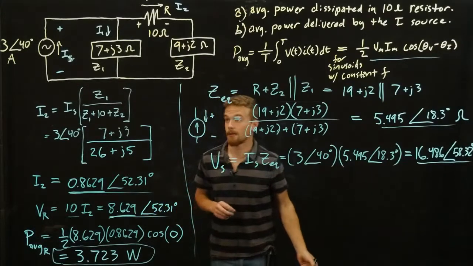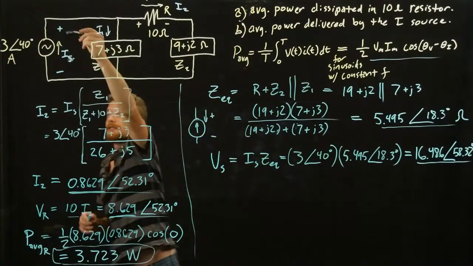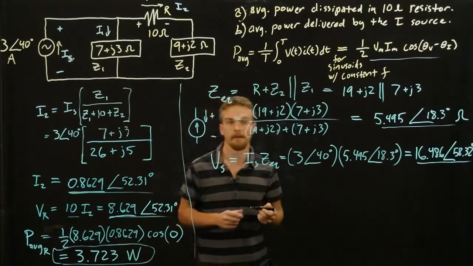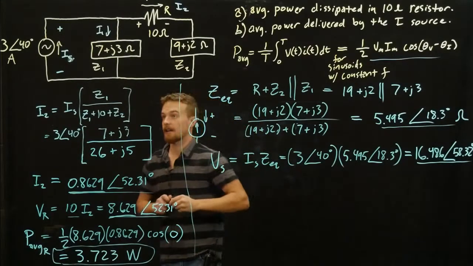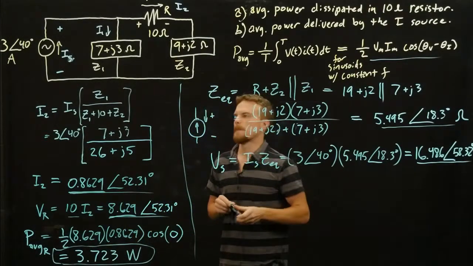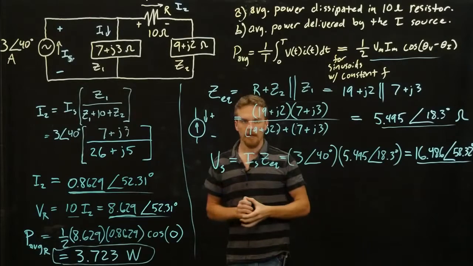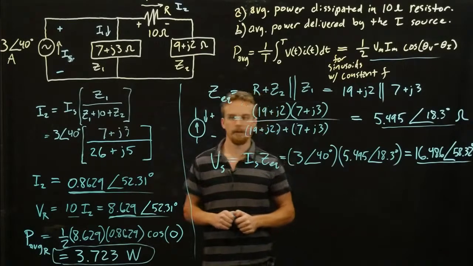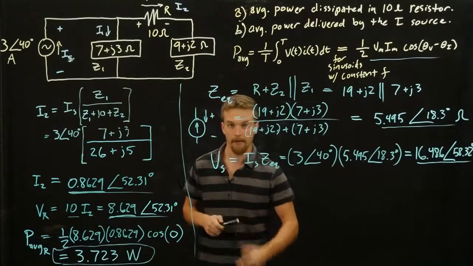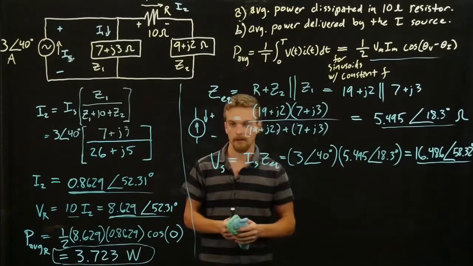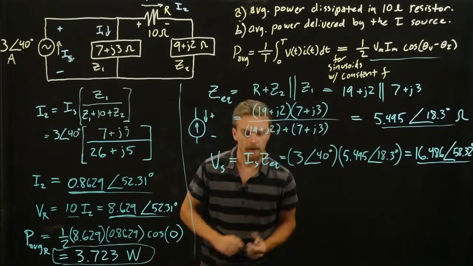So for a current source that has this voltage across it, the current coming in to the positive terminal would be the negative of the current that the source was putting out. Does that make sense? So that's going to give us a negative number, and that's actually okay because in power convention, negative power means it's being supplied, and that's kind of what we'd expect this to be doing. So actually, I'll just leave that.